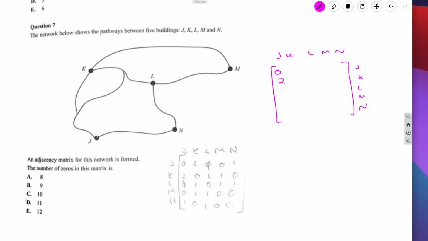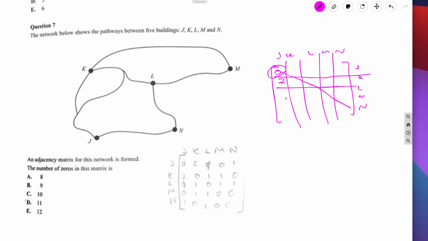J to L. So I've got 1 here. J to L. I can get 1 there. That one works. So yeah, that's got at least 1, so that's out. And I'm also going to do just the leading diagonal because it's just a mirror image to the other side. So then I'll do a little grid so I don't get lost.